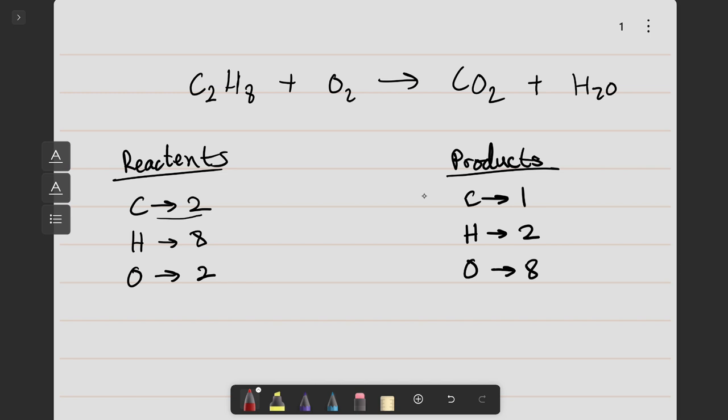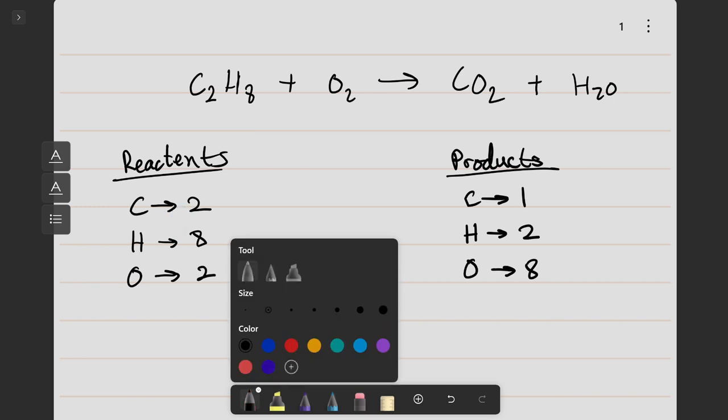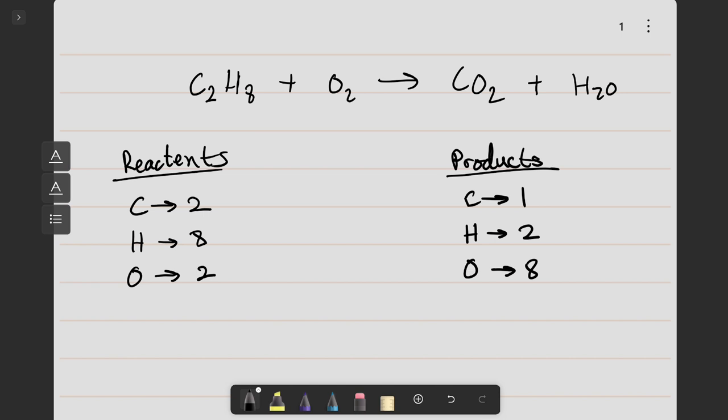If you count how many of each element we have on the reactants, it should equal the products to have a balanced equation. So on the reactants, we have, sorry, let me get rid of this. Let me change the color. Okay. On the reactant side, we have 2 carbons, 8 hydrogens, and 2 oxygens.